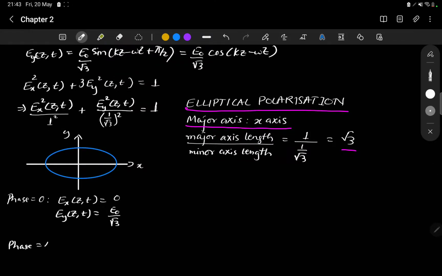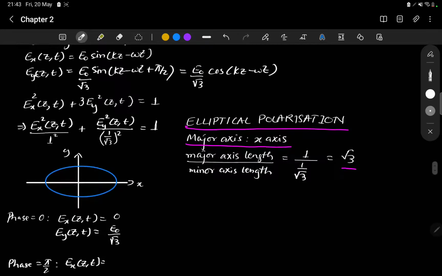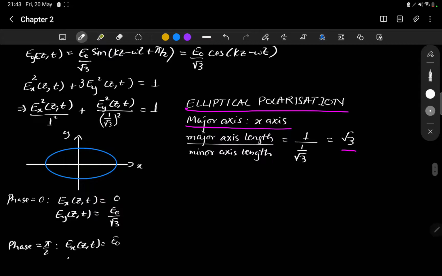For phase equal to pi by 2, we have Ex equals to E naught and Ey equals to 0.